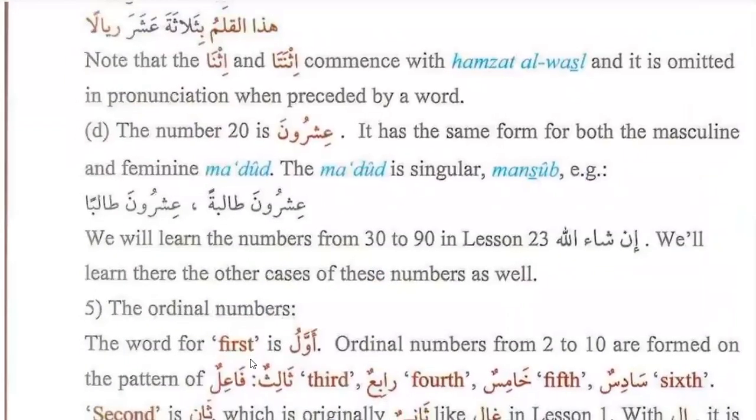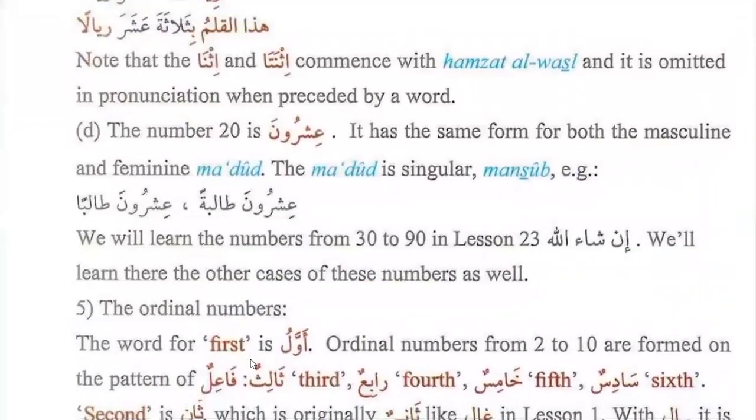Point number D. The number 20 is ishruna. It has the same form for both the masculine and the feminine ma'dud, and the ma'dud is singular mansub.